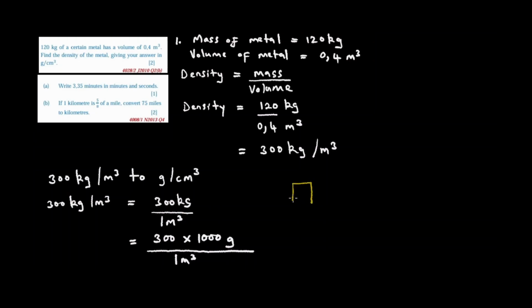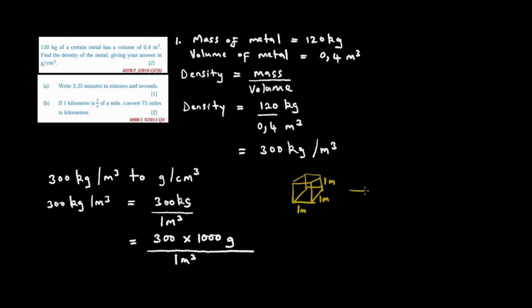Let us have a cube. This is the cube we have. A volume of 1 cubic meter inongoreva kuti 1 meter times 1 meter times 1 meter. Saka the length is 1 meter, the width is 1 meter, the height is 1 meter, 1 cubic meter.